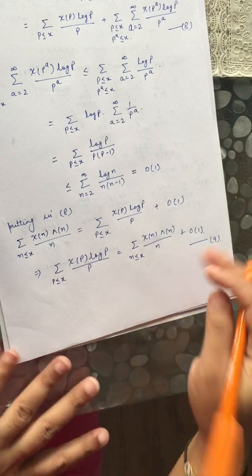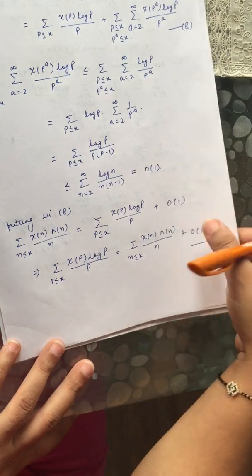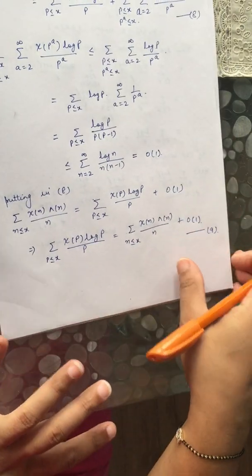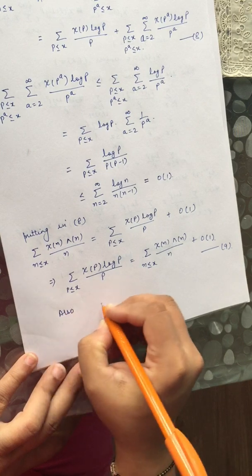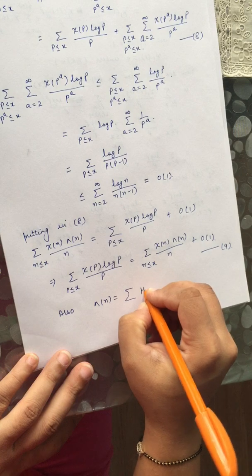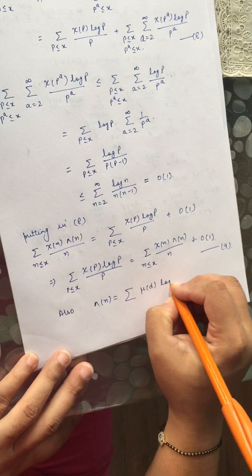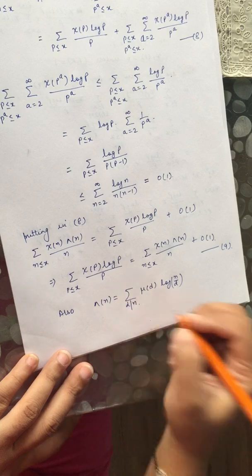Now again we will start from the same sum which we have started, but in a different way. Now we know Λ(n) is summation μ(d) log(n/d) over the divisors d of n.